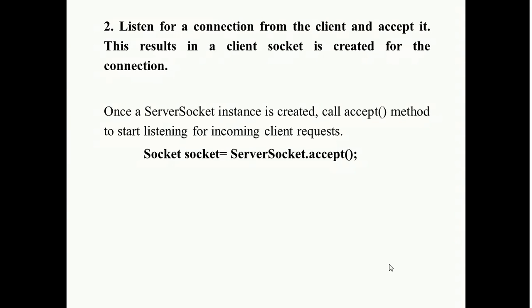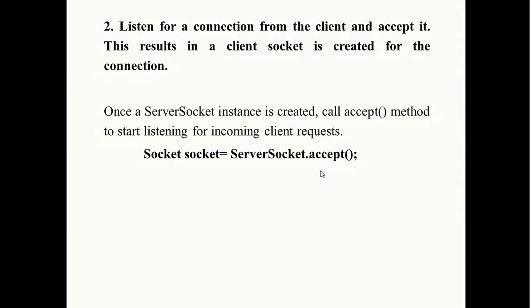And the syntax is Socket s = ss.accept(). So the accept method is used to start listening for the incoming clients. And note here that the accept method blocks the current thread until a connection is established, represented by the returned Socket object. So the ServerSocket uses the accept method to start listening for incoming client requests.